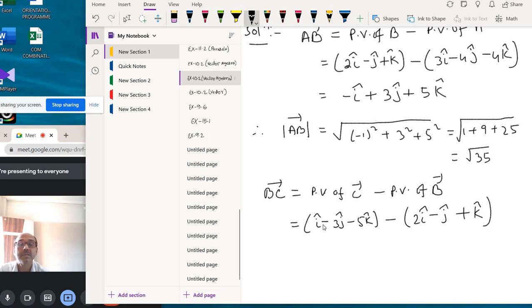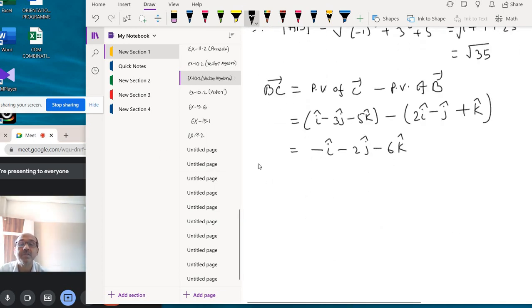Okay, so this equal to i minus 2i, minus i, minus 3j plus j, minus 2j, minus 5k minus k, that is minus 6k. So minus i minus 2j minus 6k.